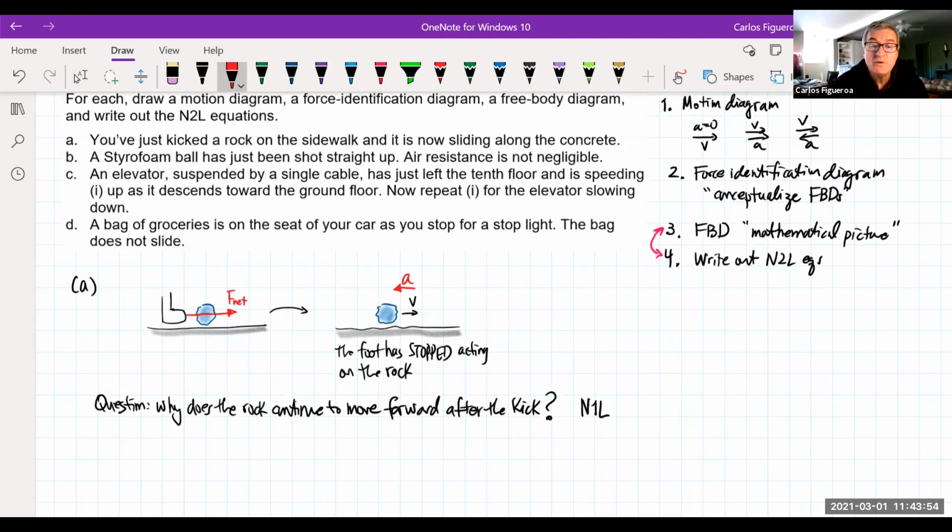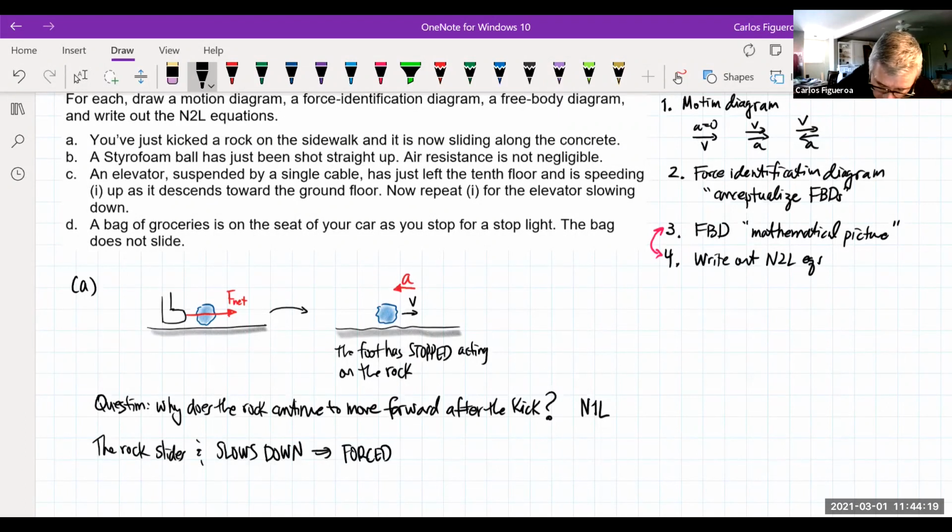As soon as we know there is deceleration, we know that we're in forced motion. So the rock slides and slows down. That means it's in forced motion. If it's in forced motion, that implies something is causing this effect.